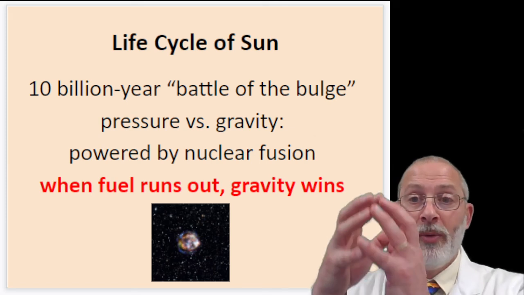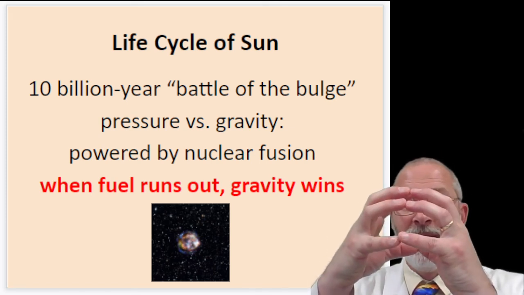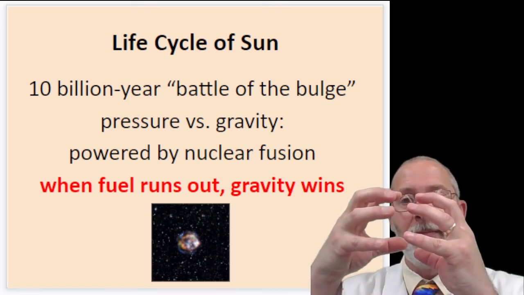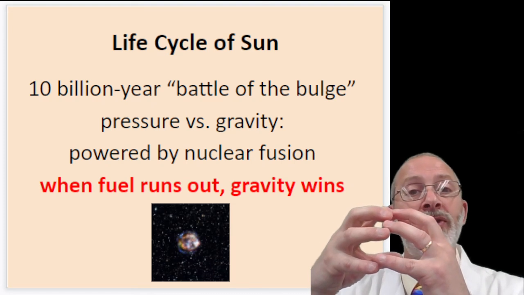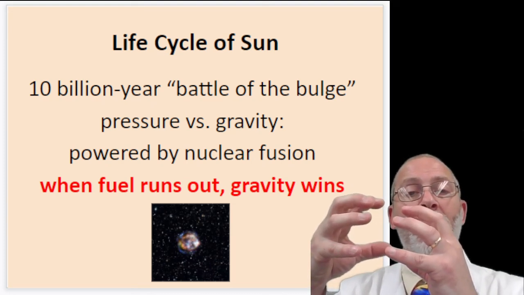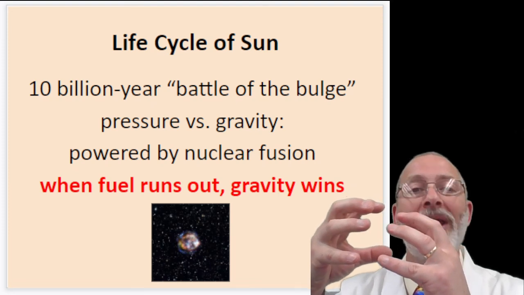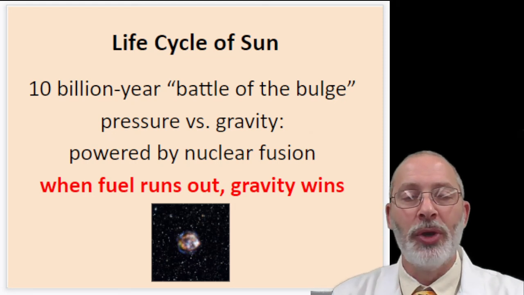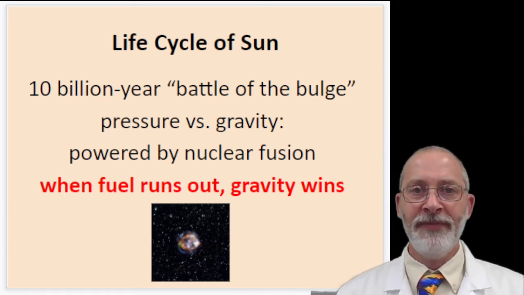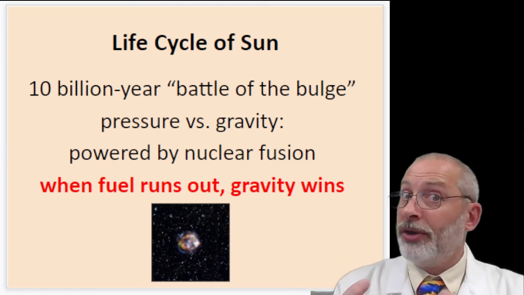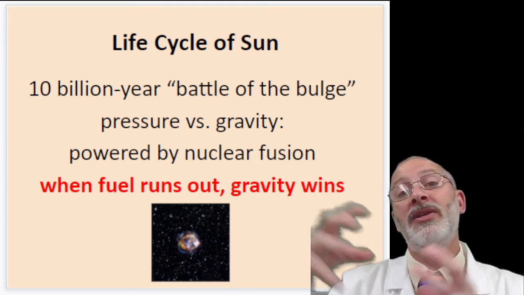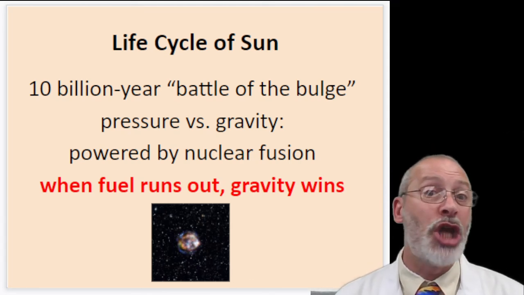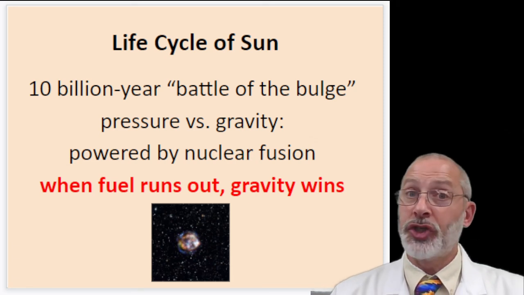What do I mean by that? Well, again, imagine the sun being squeezed in by gravity, being pushed out with the pressure from nuclear fusion reactions, causing the energy to go outward. Well, when it runs out of fuel, it's not going to be pushing outward anymore, and gravity is going to pull it in. So there will be a period of time, it is believed, where the sun will, near the end of its life, expand tremendously for a relatively short period of time, perhaps even turning into a red giant as it starts depleting.